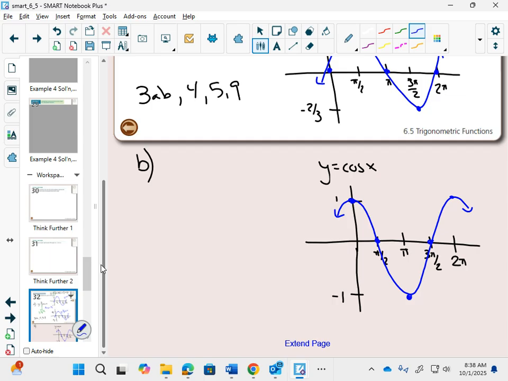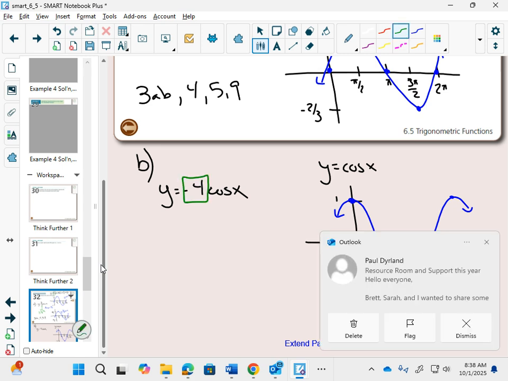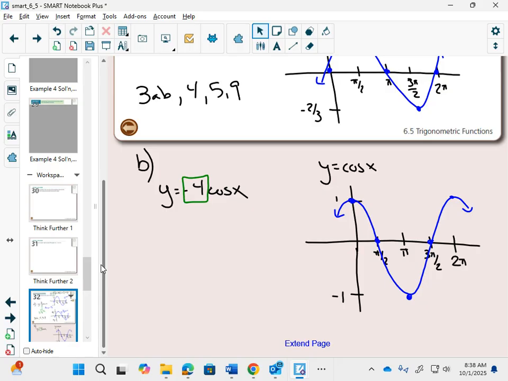Now we're going to graph right beside this y equals -4 cos x. So we have an a value here, and this a value is -4.